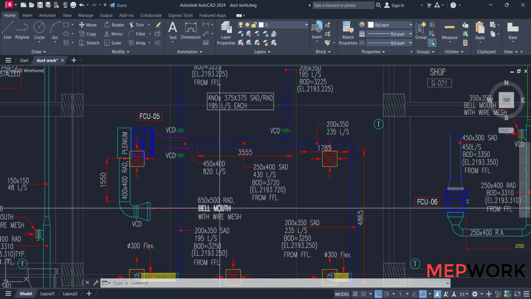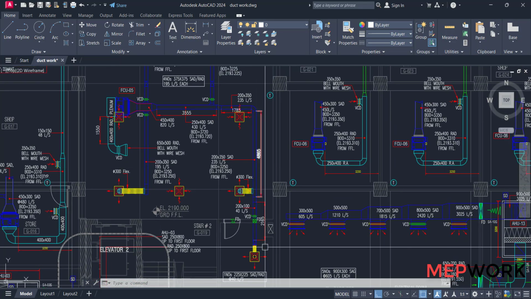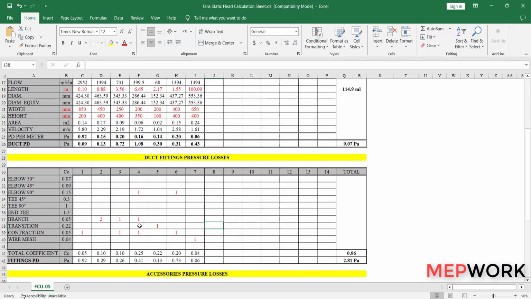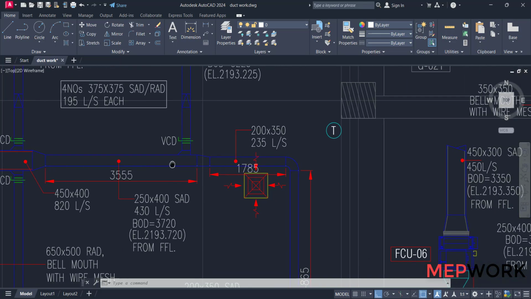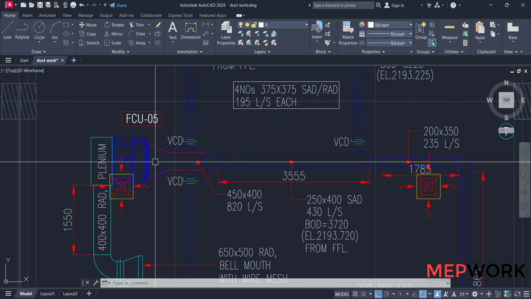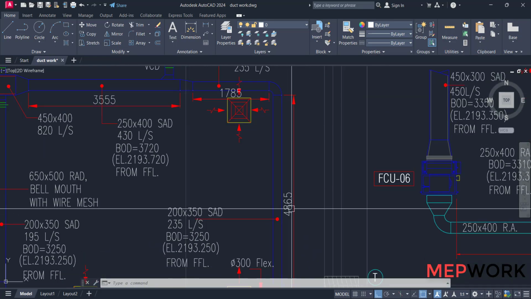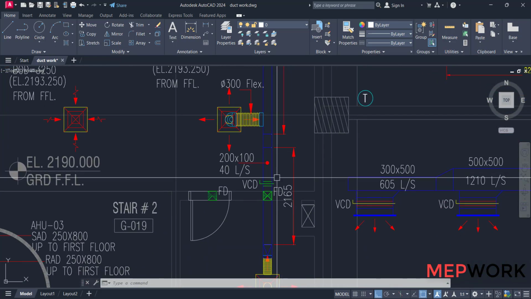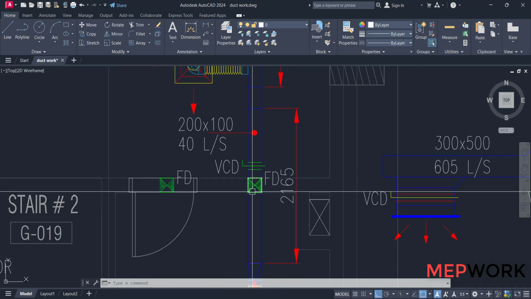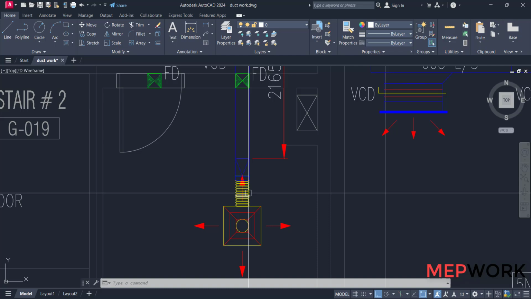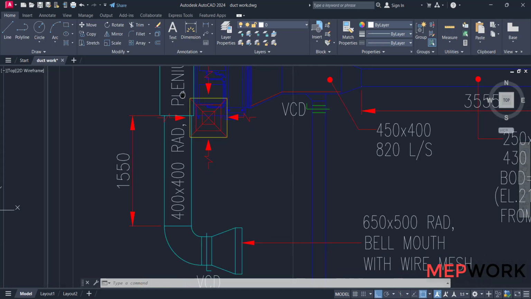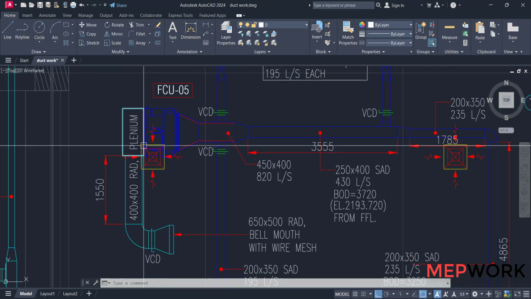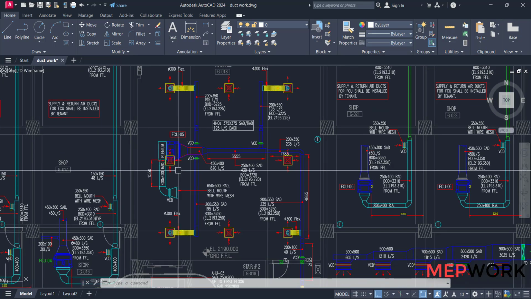The next step is to add all accessories on this critical path to this table, the accessories pressure losses. Let's make a quick survey. The accessories on this duct are a volume control damper, a fire damper, a flexible connection, a supply diffuser, and the plenum box. Also, we will take one of these return diffusers in consideration.